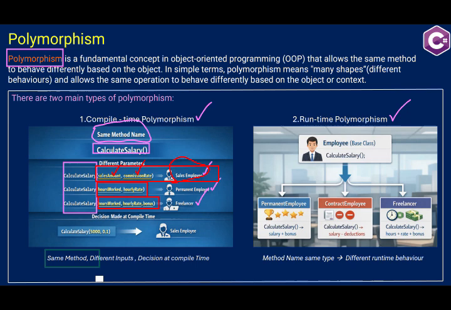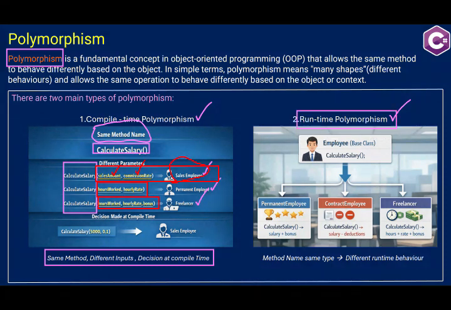So same method, different inputs, and we take the decision at compile time. Compile time means before debugging. Before debugging, we decide what kind of input parameters you have to pass to the respective method. And coming to runtime polymorphism.